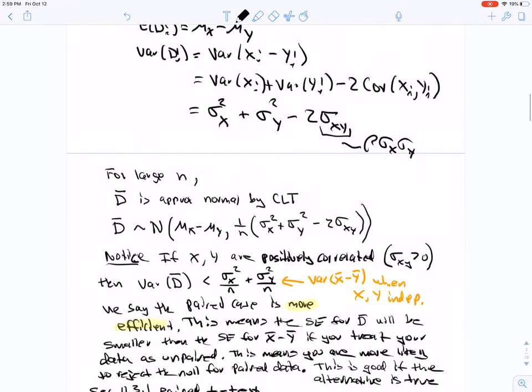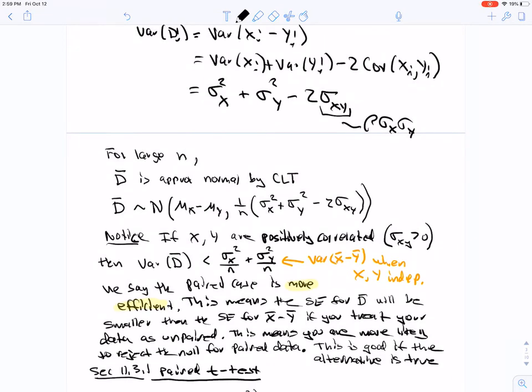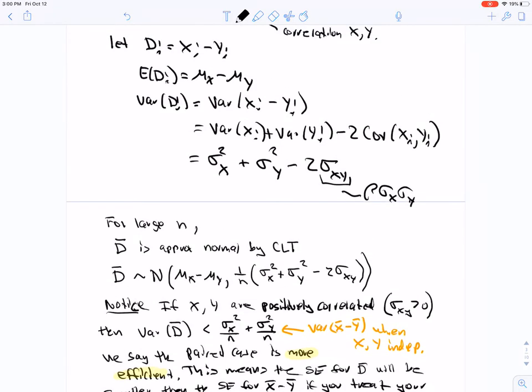And for large n, D bar, the sample mean, is approximately normal. And that just follows from the CLT, since each of the Di are IID, and D bar then is normal with mean mu x minus mu y and variance as written here.